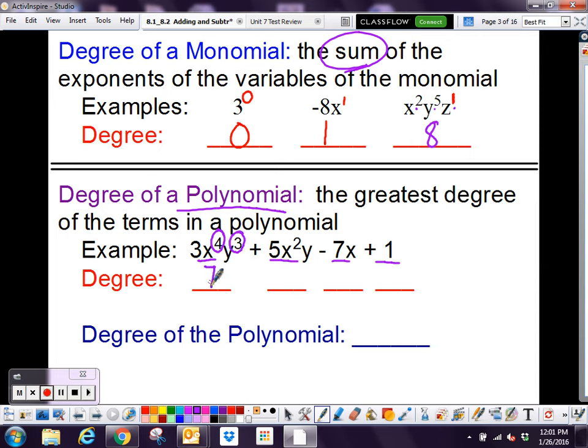So the degree there is 7. The 5x squared y, I have a 2 and I have a 1 on the y. 2 plus 1 would be 3. On the negative 7x, I have a 1. Okay, so my degree there would be 1. And here I don't have an exponent, so my degree would be 0. Okay, the degree of the whole polynomial is going to be the greatest degree of the terms, which means the greatest degree is 7.